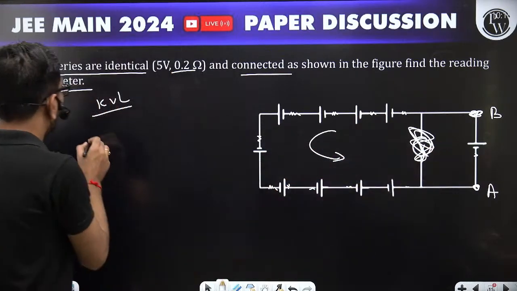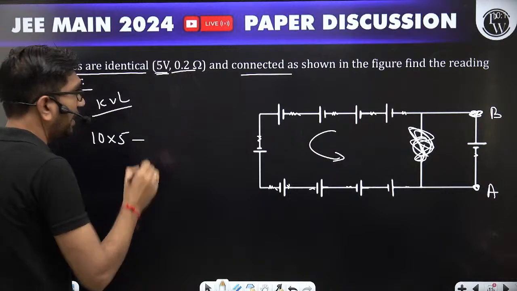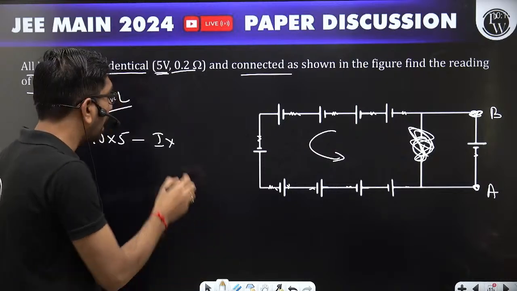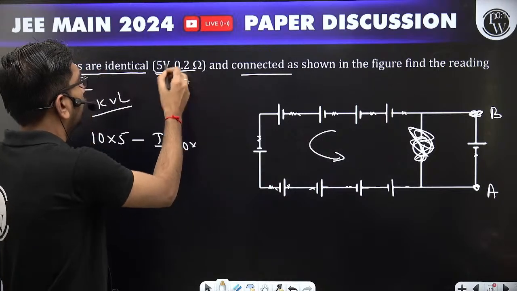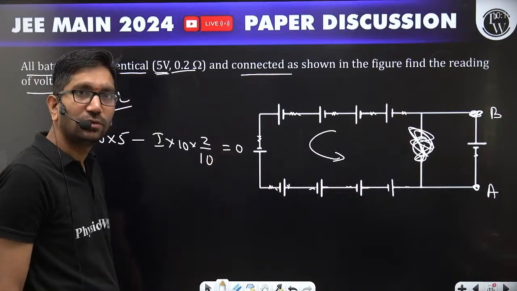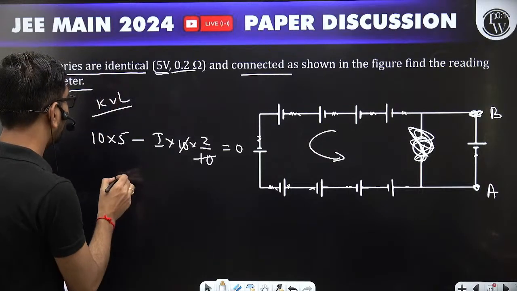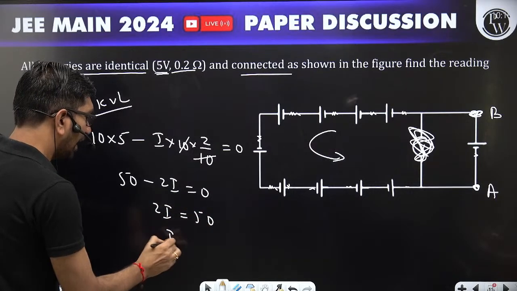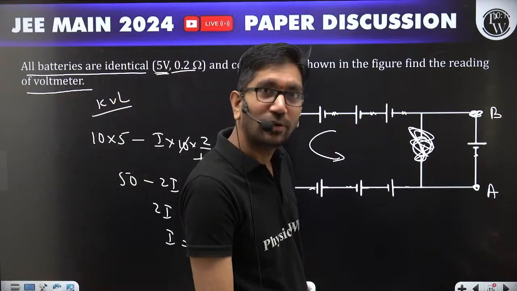We have 10. So 10 times the voltage of each cell, which is 5, minus I times R. How many internal resistances do we have? 10, and the internal resistance of each one is 0.2. So the IR term becomes 2I. So 50 minus 2I is equal to 0, 2I is equal to 50, I is equal to 25 amperes. Finally we got the answer.